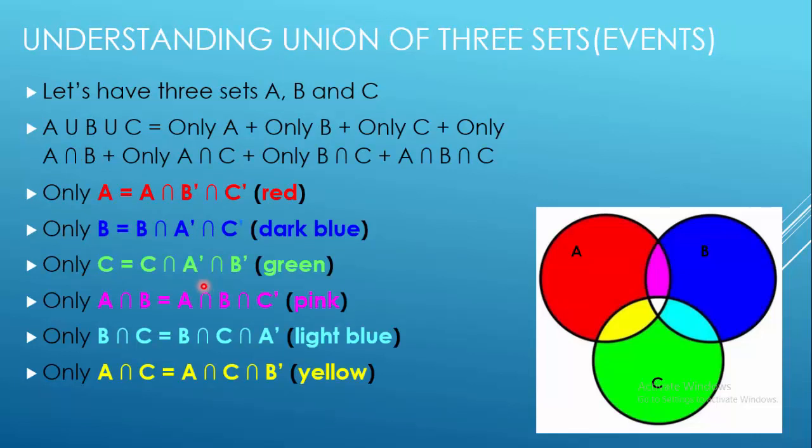Let's have three sets A, B and C, and A union B union C. Now how do we get the equation that we are talking about so far and trying to understand?